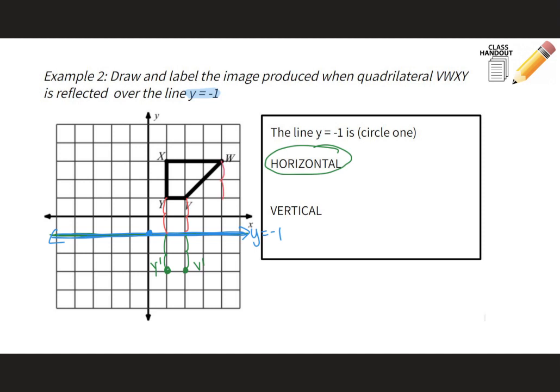W prime is 1, 2, 3, 4, so we're going to do 1, 2, 3, 4. And then X prime is 1, 2, 3, 4, so 1, 2, 3, 4. So here's my new figure, my new quadrilateral. As we can see, same size, same shape, just a different location, different orientation for reflections.